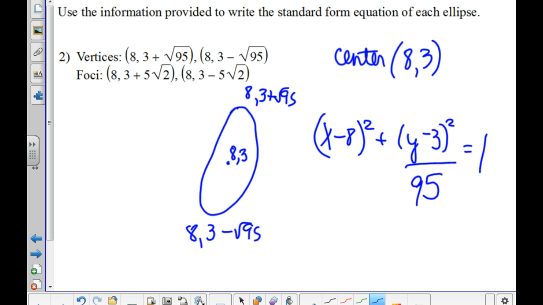Now, okay, a squared minus b squared equals c squared. And c squared is this.